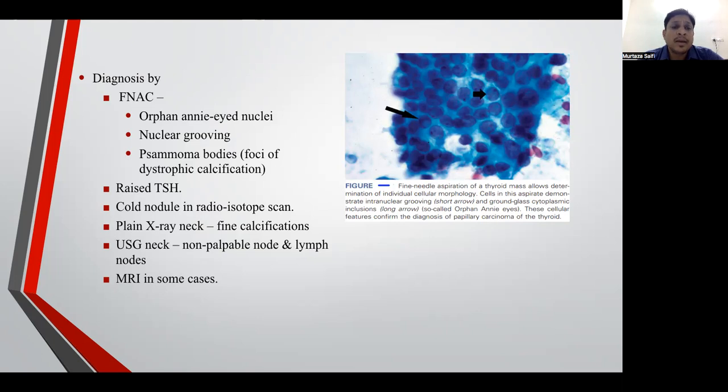If it is not diagnostic, or if you want to stage the tumor, if USG is not diagnostic, then you can go for the MRI. Here it is written that MRI is used in some cases, but I think that you should always do it. It is better for the surgeon.